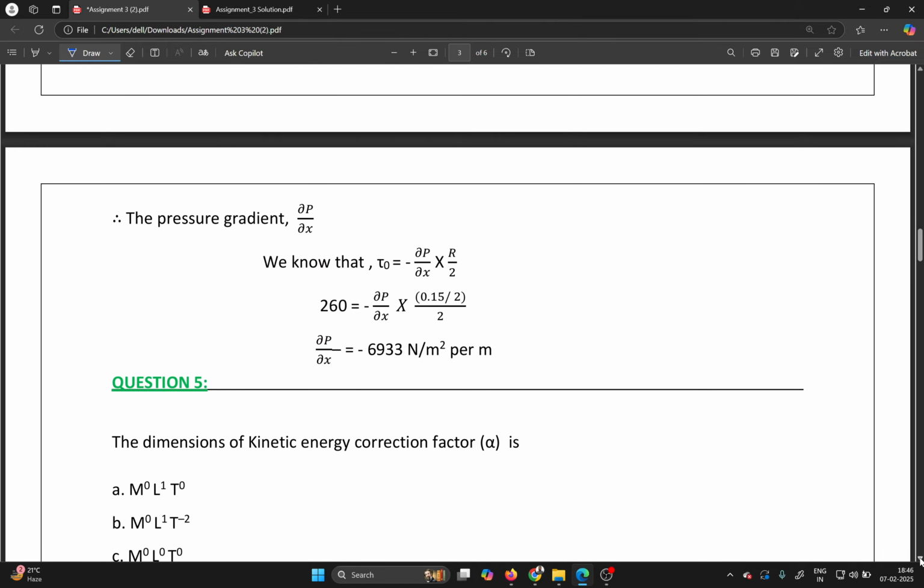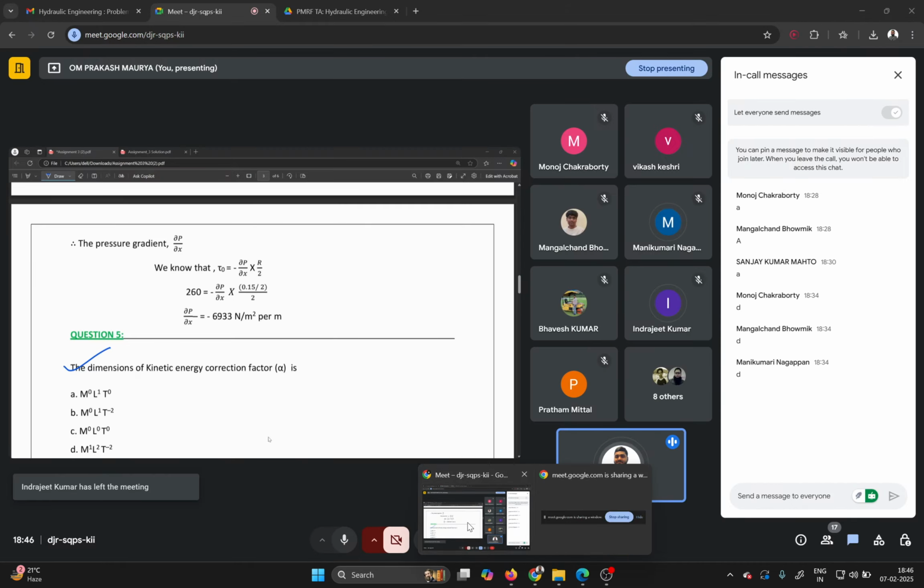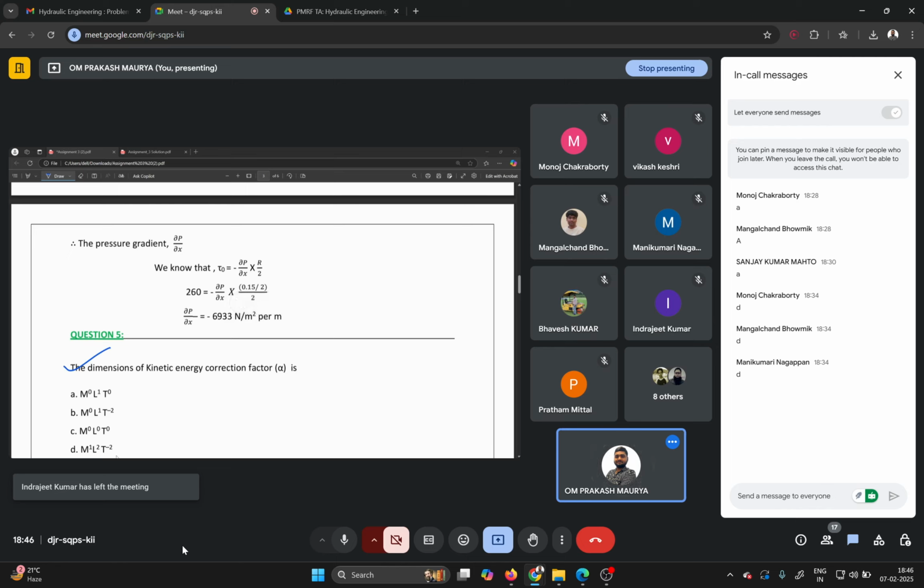Question number 5. So what is the dimension of the kinetic energy correction factor? Please everyone try to calculate for question number 5 and give the answer.